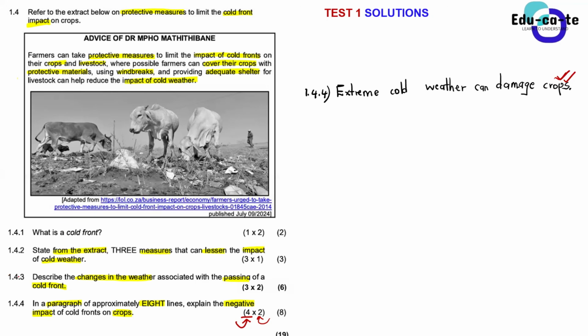Okay, so yes, you are right. You are supposed to explain how we ended up having extreme cold weather, but you already did that in 1.4.3. That's why they made these questions to follow each other. If you didn't write 1.4.3, you will need to explain where this extreme cold weather is coming from.